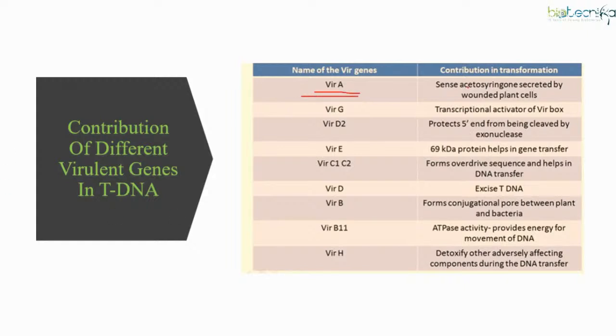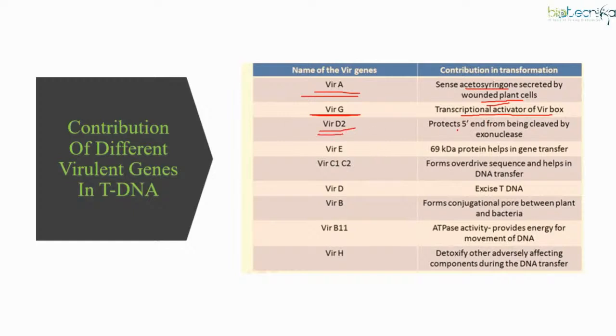So they will sense the acetosyringone which is being secreted by the wounded plant cells. Soon after their activation, they will be activating the virulent G gene, which is considered to be the transcriptional activator of Vir-box. Now, what is Vir-box? Vir-box includes the rest of the virulent genes.